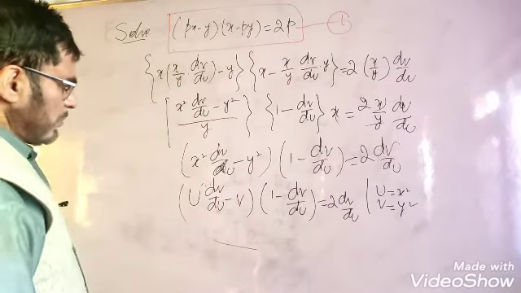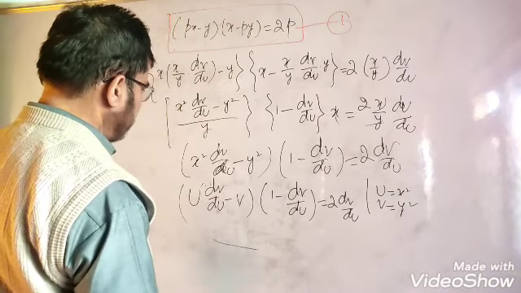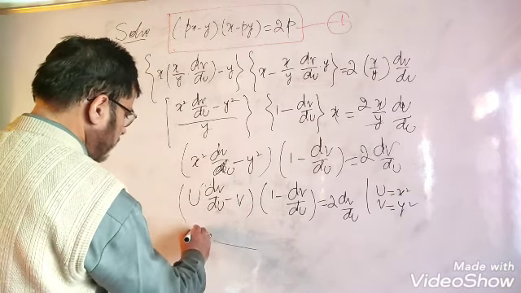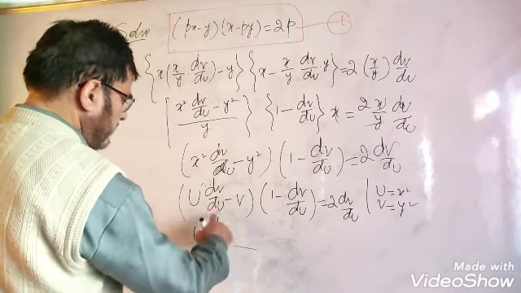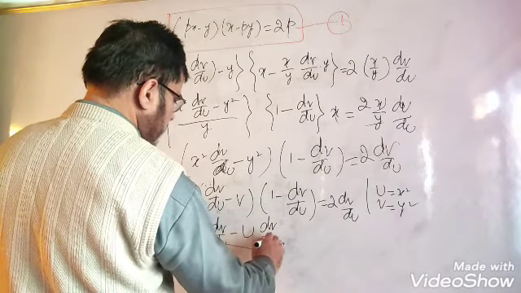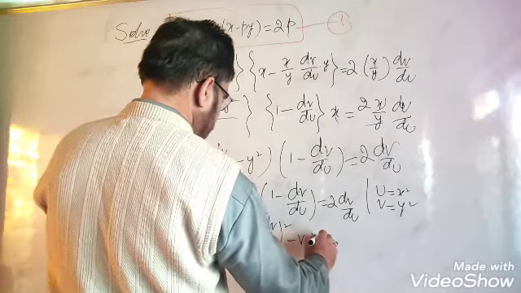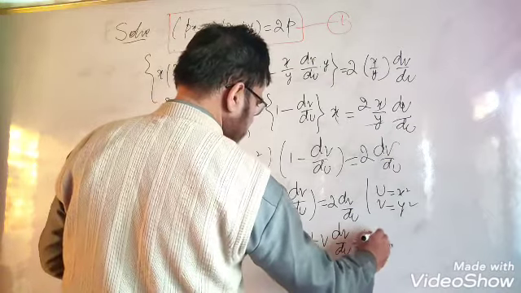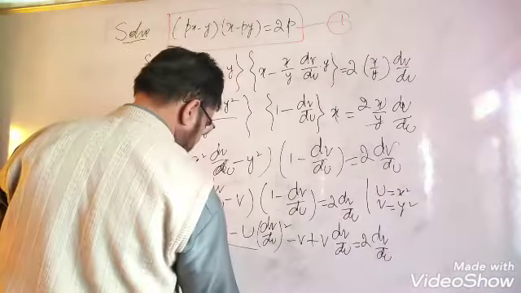Now we have to simplify this: u dv by du, multiply this, minus u dv by du square, then minus v plus v dv by du is twice dv by du.